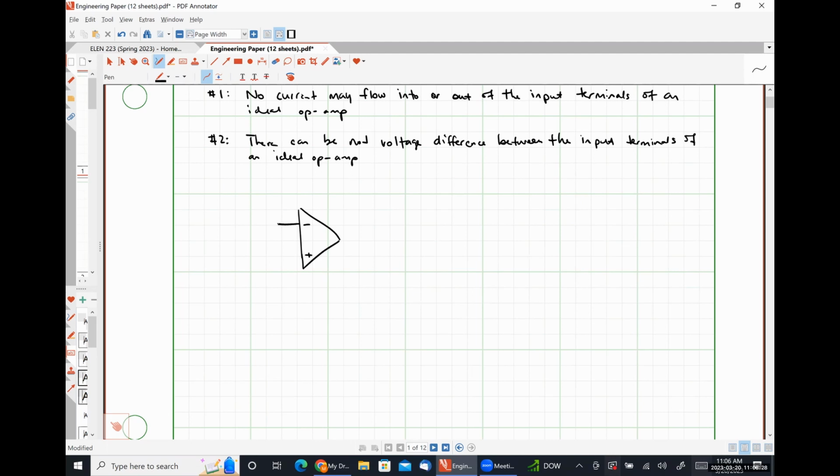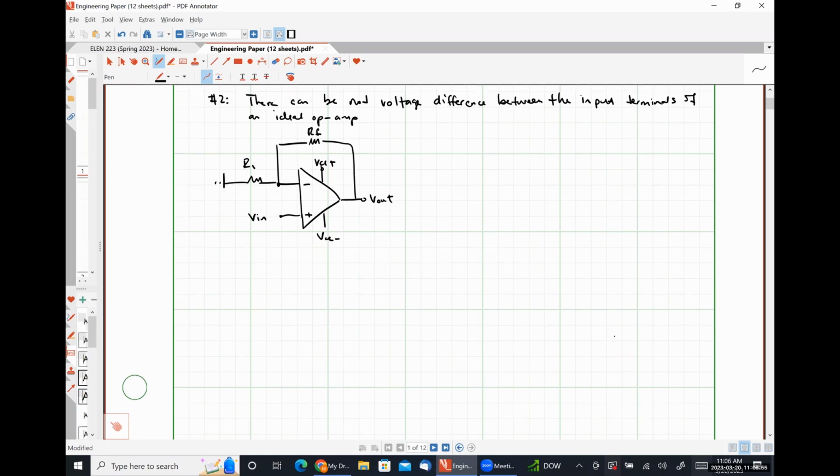Plus, here's R1. Here's our input voltage, VCC plus, VCC minus. Here's RF, and here's V out.